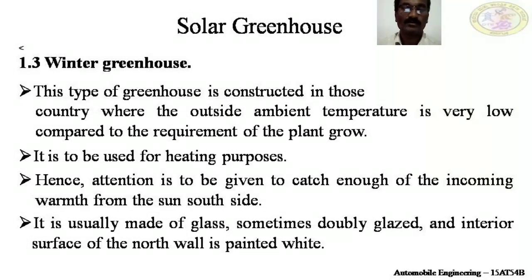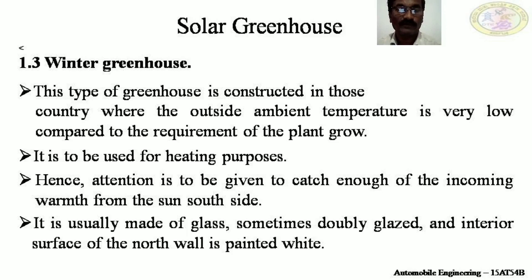Next one is the winter greenhouse. Winter greenhouse is constructed in those countries where the outside ambient temperature is very low compared to the requirement of the plant growth, where the cold countries, the more cold countries, adopt these winter greenhouses.